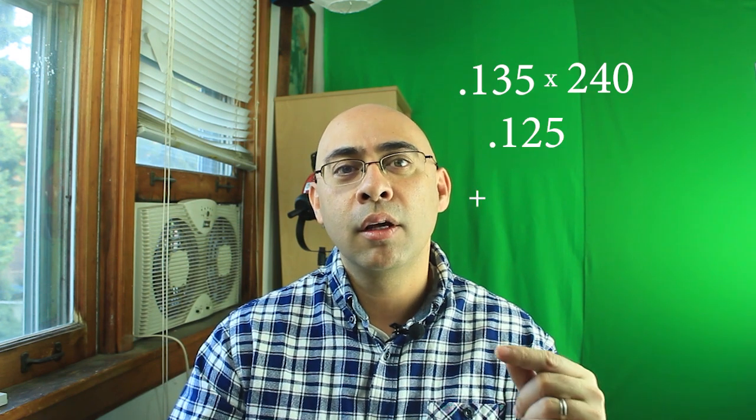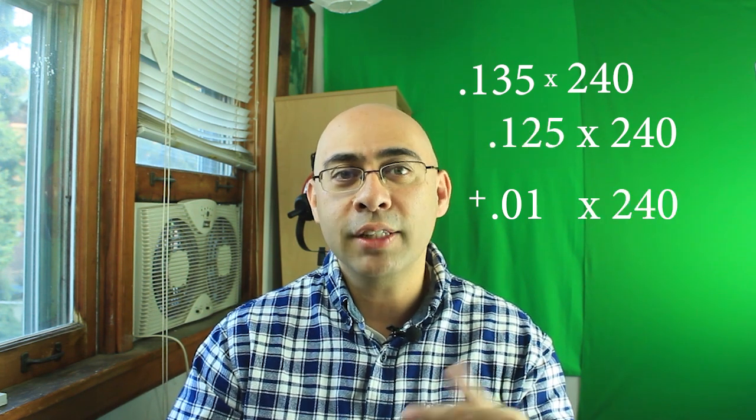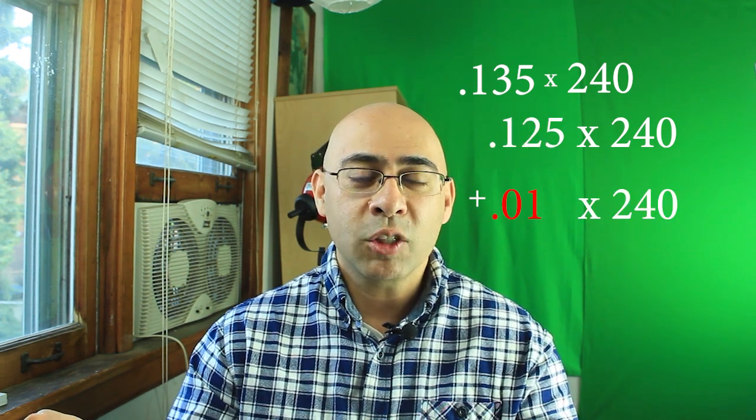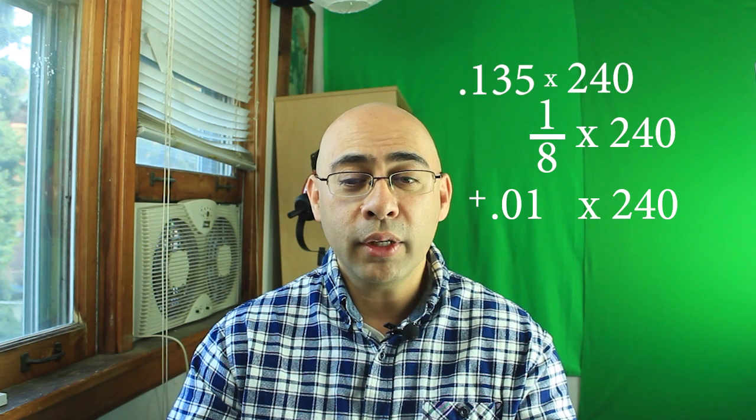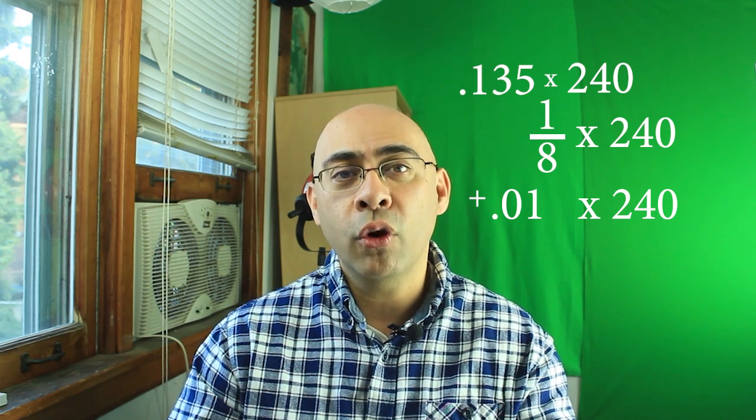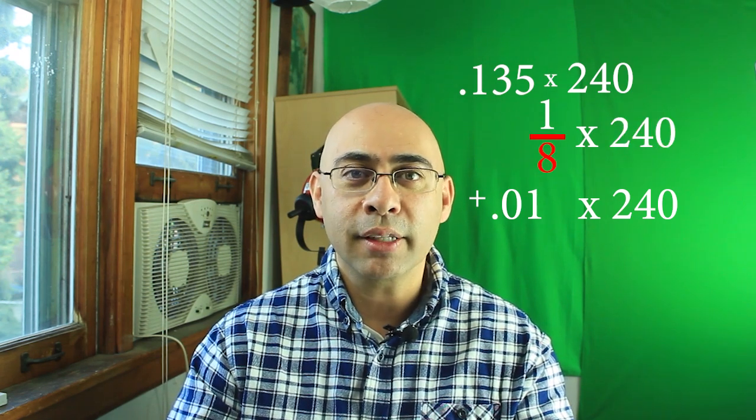It's like saying 0.125 plus 0.01. So now you multiply that 240 times the 0.125 and the 240 times the 0.01, and that's nice because 0.125 is the same thing as saying 1 divided by 8. So really, all you need to do is divide 240 by 8 and you'll get the same result.